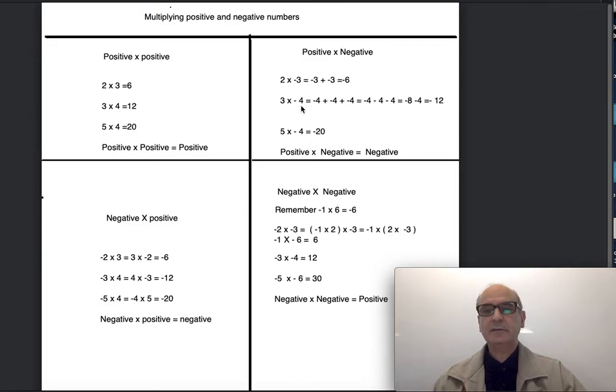Similarly, 3 times minus 4 means you got to add minus 4 to itself 3 times. Minus 4 plus minus 4 plus minus 4. And again, adding a negative number is the same as subtracting. So that becomes minus 4, and minus 4, minus 4, minus 4.